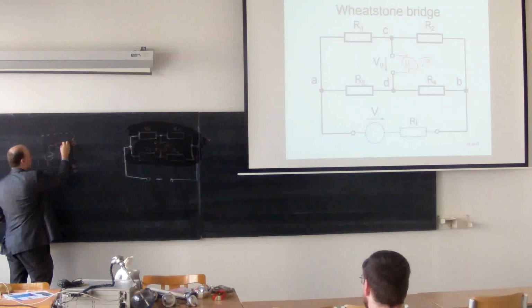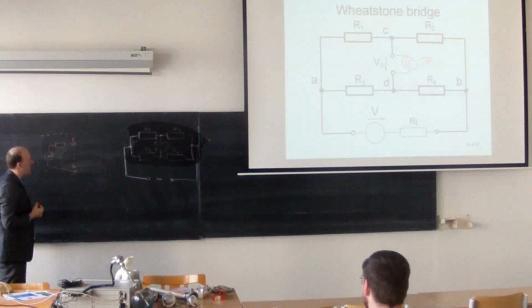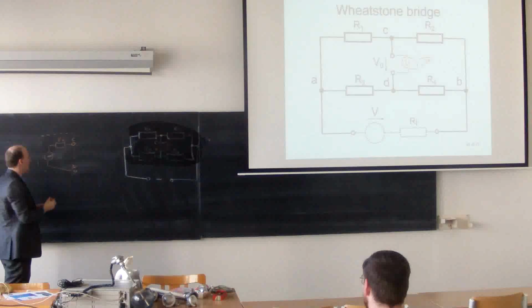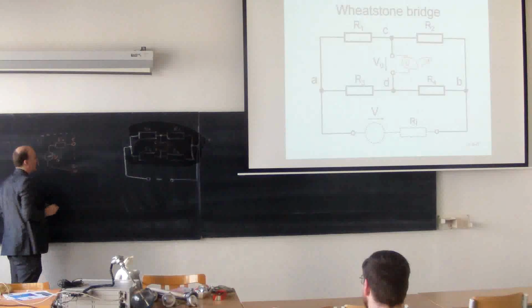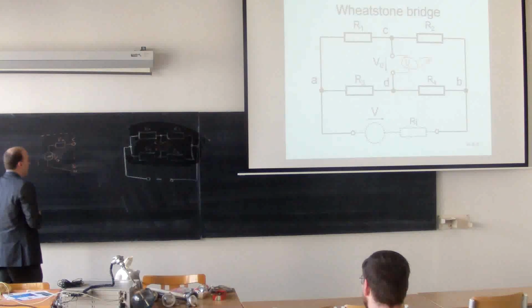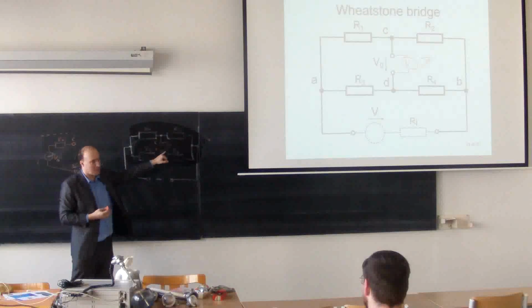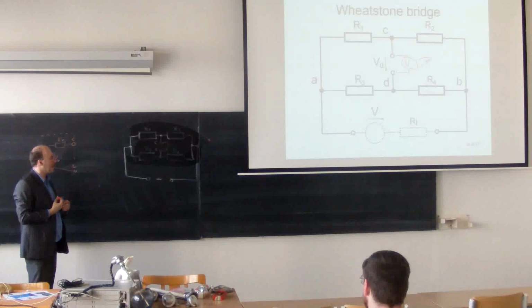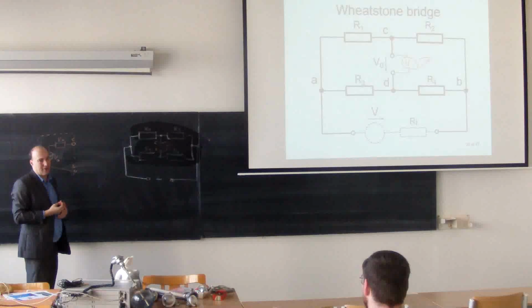So according to theory, I can say there is some internal resistor and there is some voltage source. That's all. And on the output, I will have a voltmeter. Well, a voltmeter basically is also a resistor.